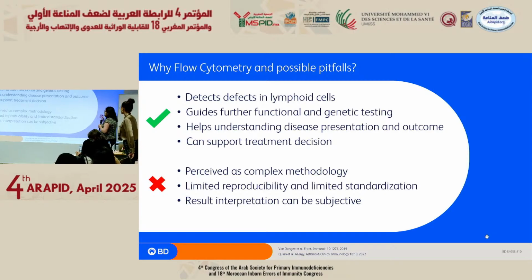If we know which population is affected, then we can decide which panel of genetic testing to perform. It will help understanding the disease presentation and possible outcome, because if we know how the immune system is affected, we can probably give earlier treatments, which is the last one: we could support the treatment decision.